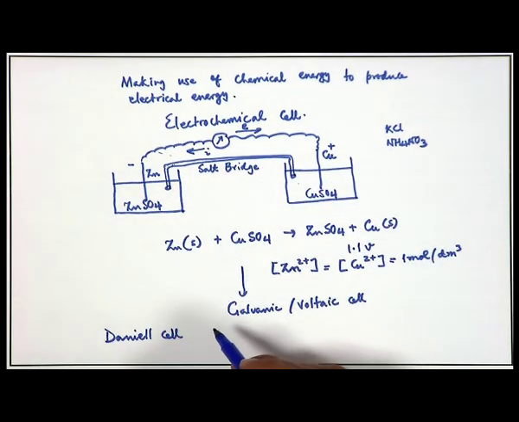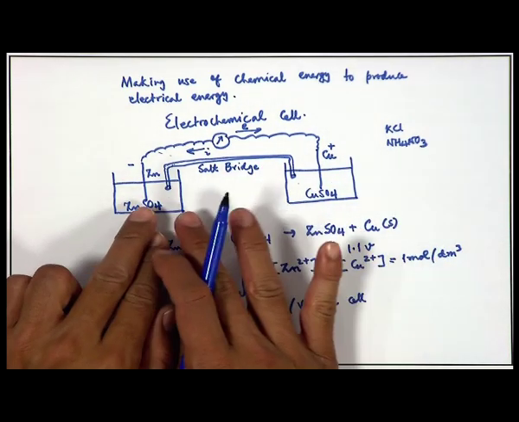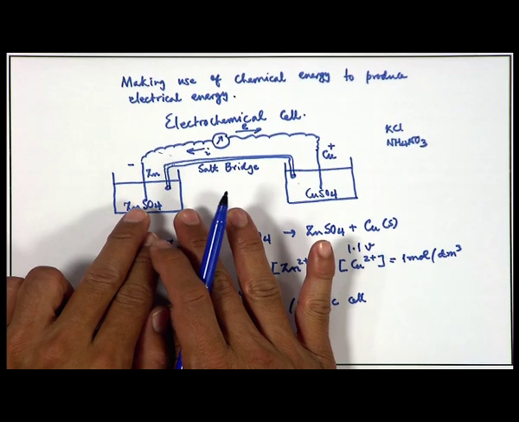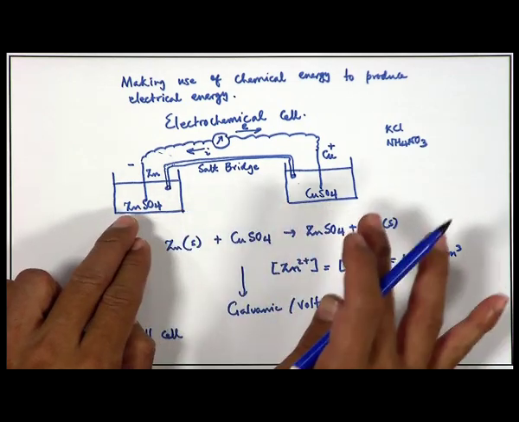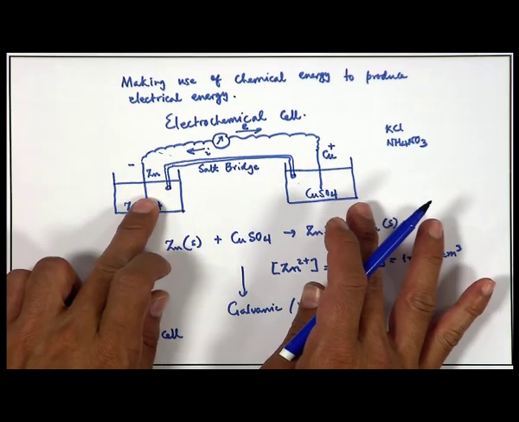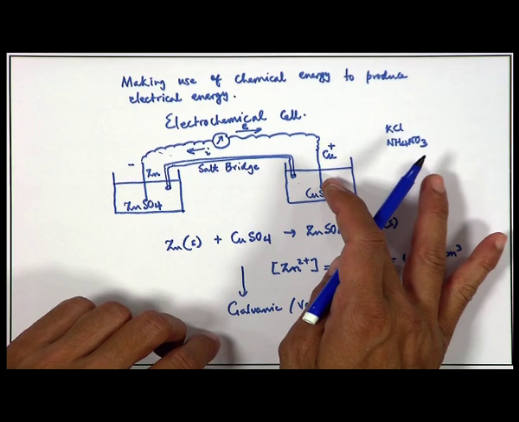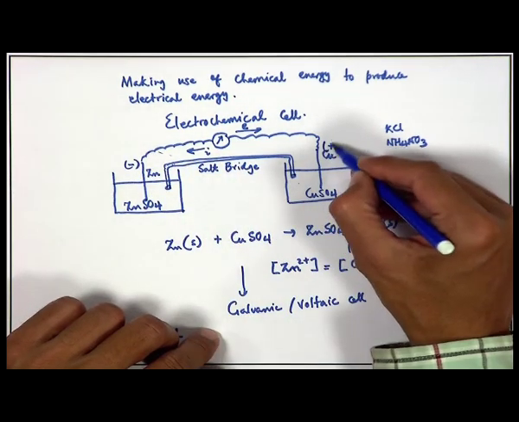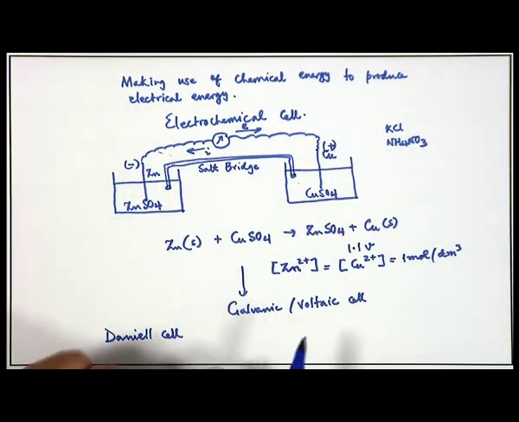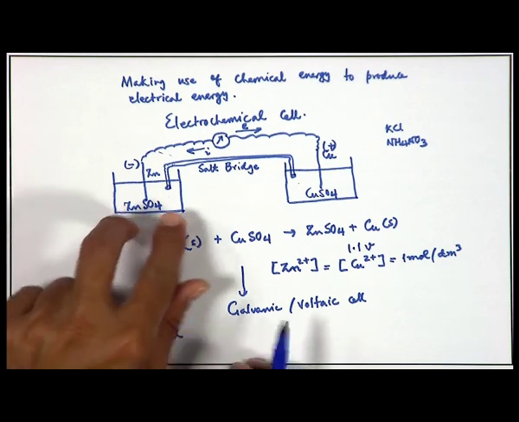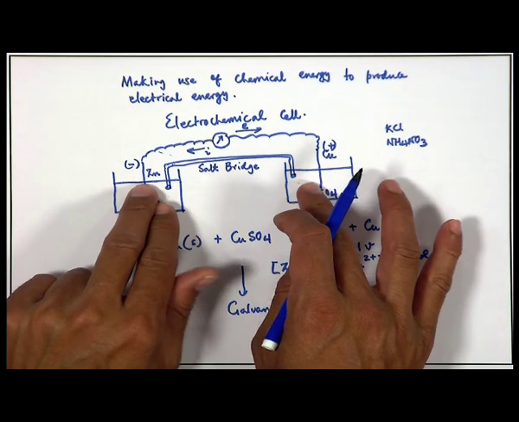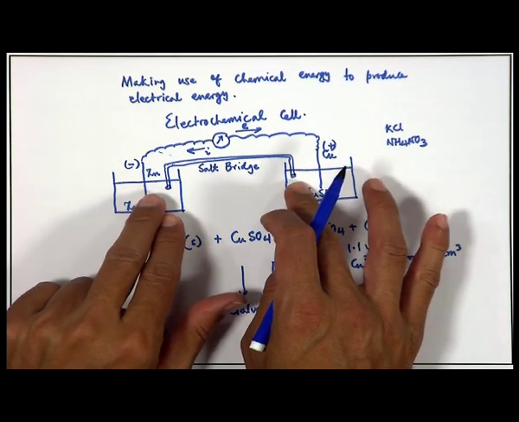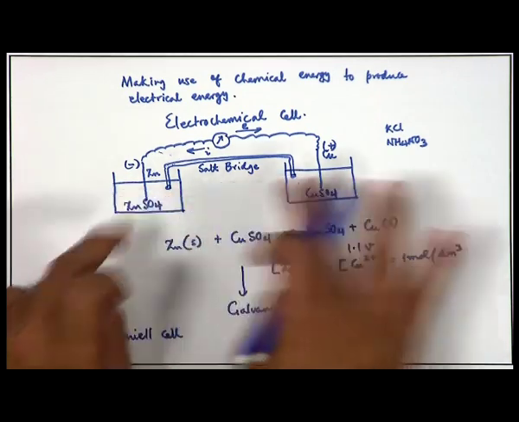These are called the reduction oxidation couple. Here oxidation is taking place, here reduction is taking place. This is plus and this is minus of this cell. These two together are called a redox couple, this is one half cell, this is another half cell.